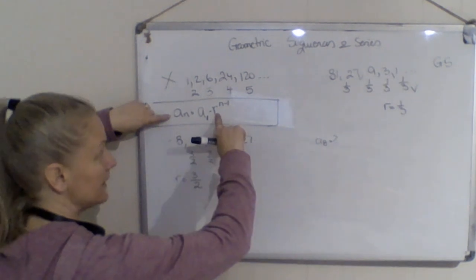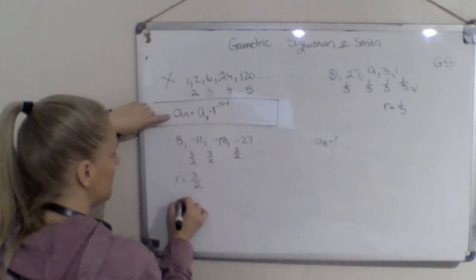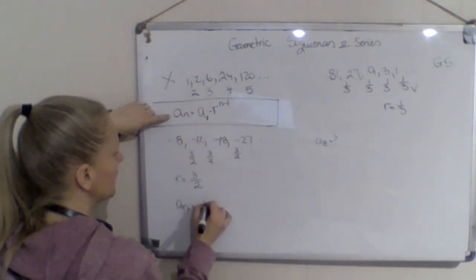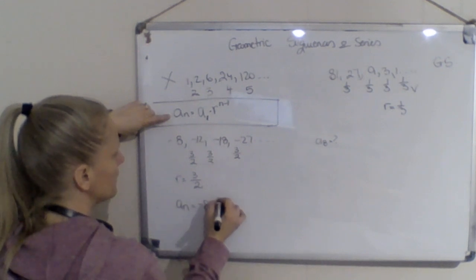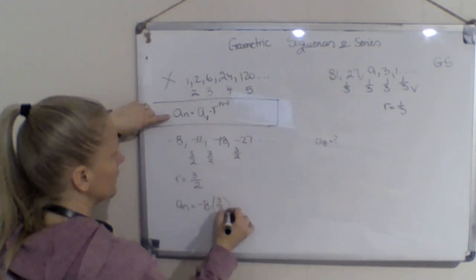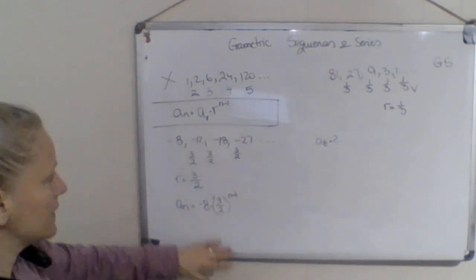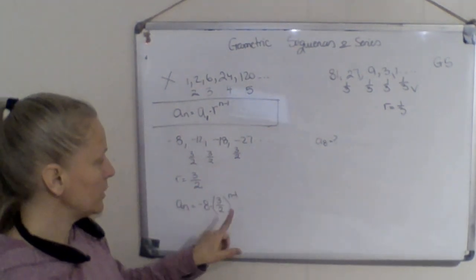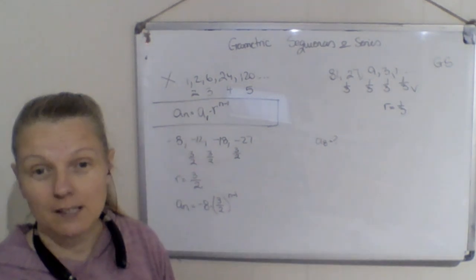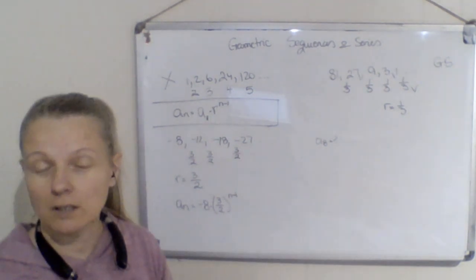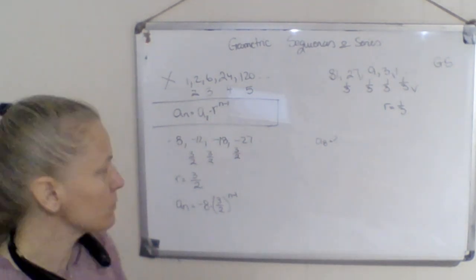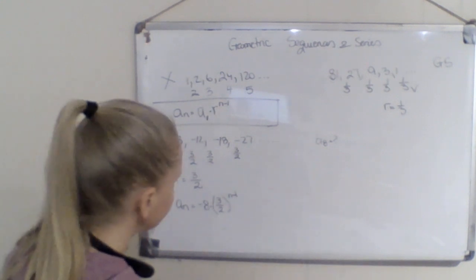All I had to find is this. I already know my A_1. My A_n equals -8 times 3 over 2 to the n minus 1. And that's where we stop. We put the first term, we put the ratio in. If you remember any of this, this is either decay or growth, right? This is what we worked with before.